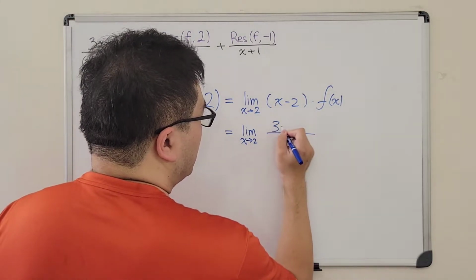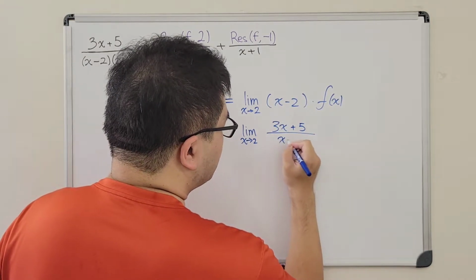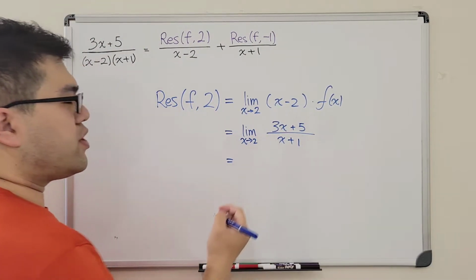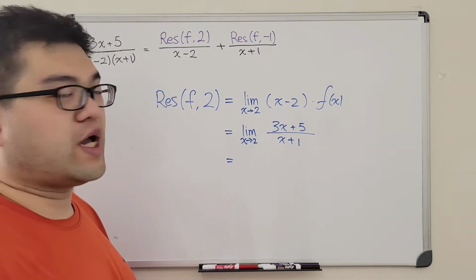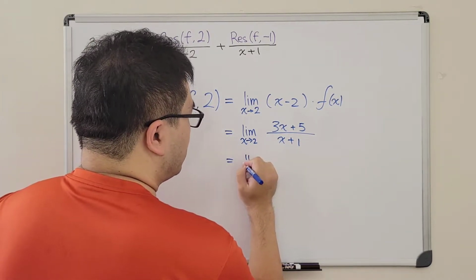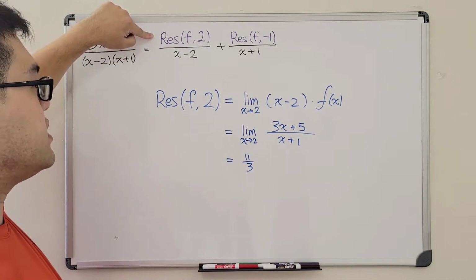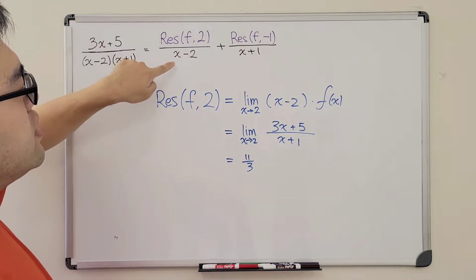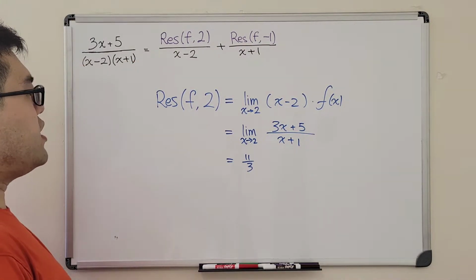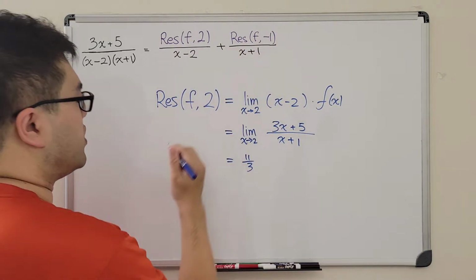So we end up with (3x plus 5) over (x plus 1) in this situation. So now we substitute x by 2, or take the limit, giving us 11 over 3. And that's how we get the residue, which is the coefficient of the (x minus 2) to the negative first power term. Great.